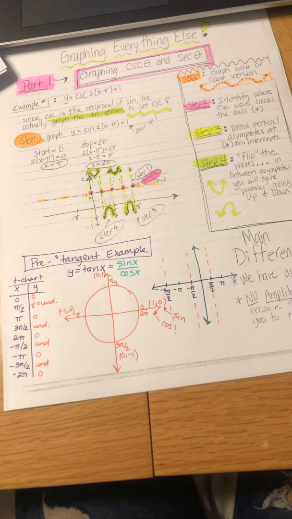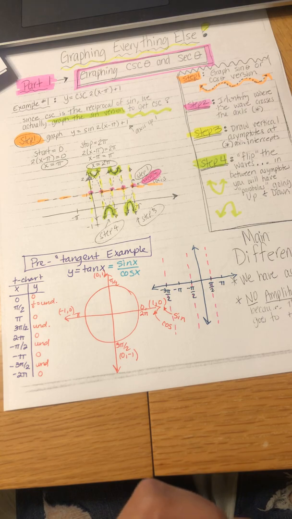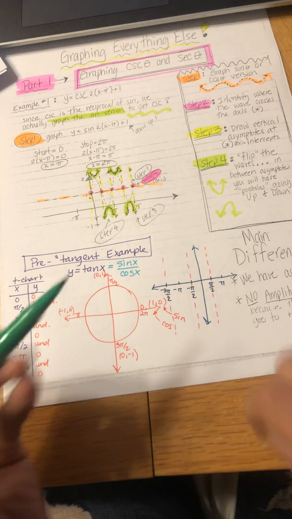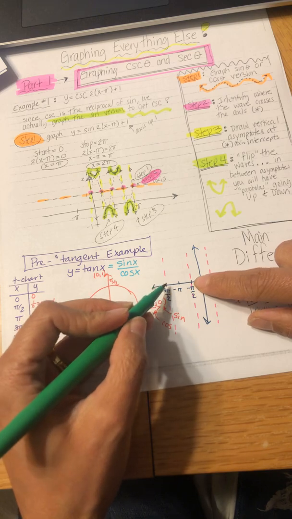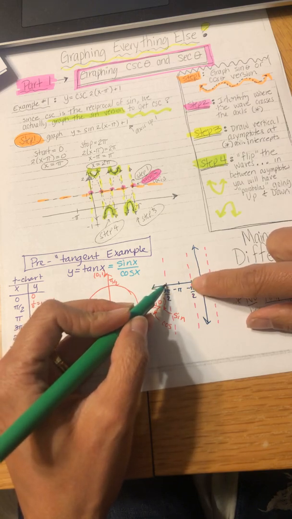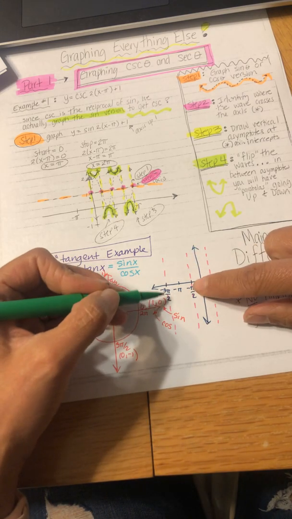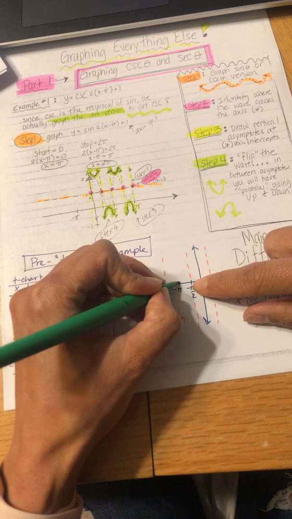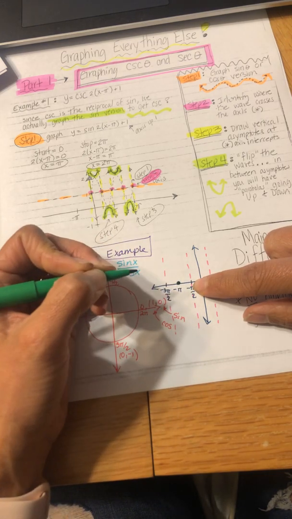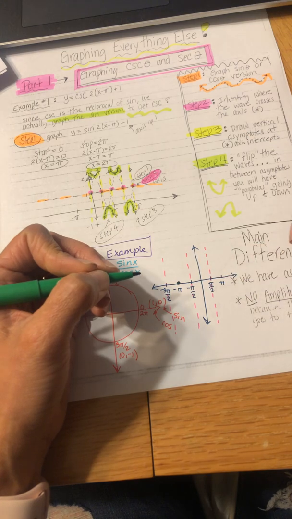Okay, so what you have to do is find what is exactly in the middle between those asymptotes. So let's start with these two. Between negative 3 pi over 2 and negative pi over 2, those are these two asymptotes. Directly in the middle is negative pi. So plot a point right there. And basically with tangent, you can fake it till you make it.